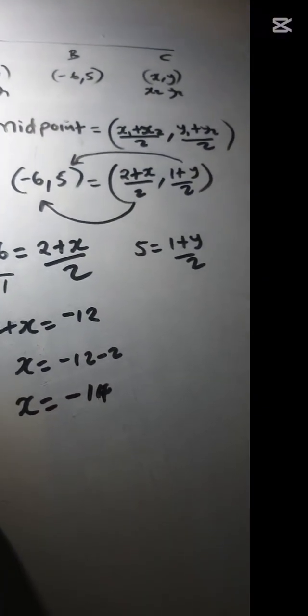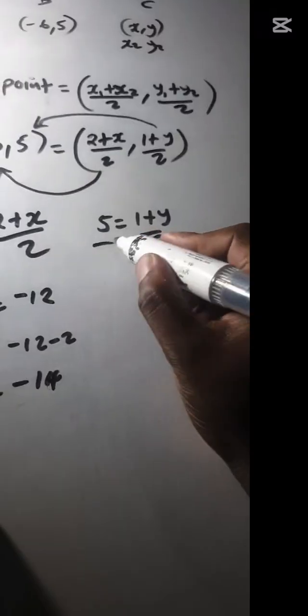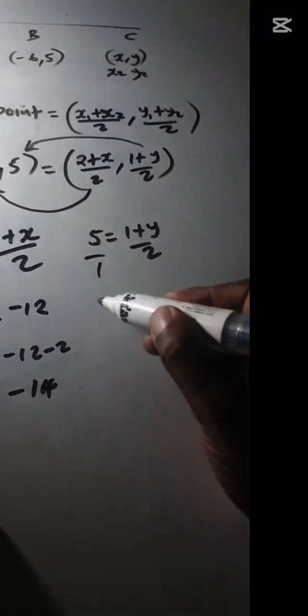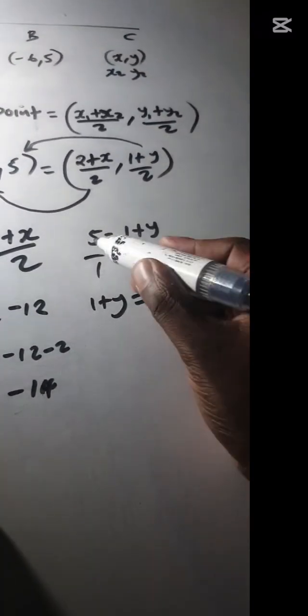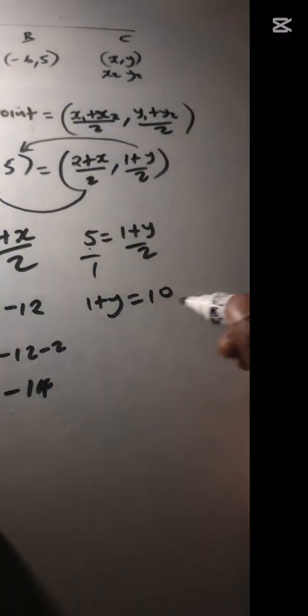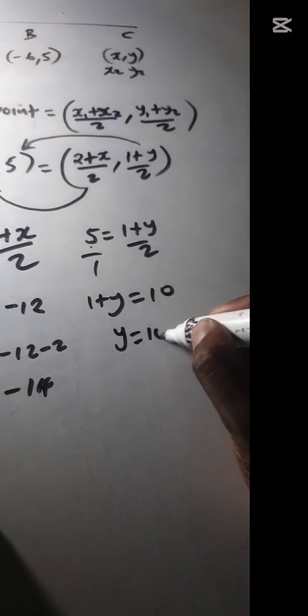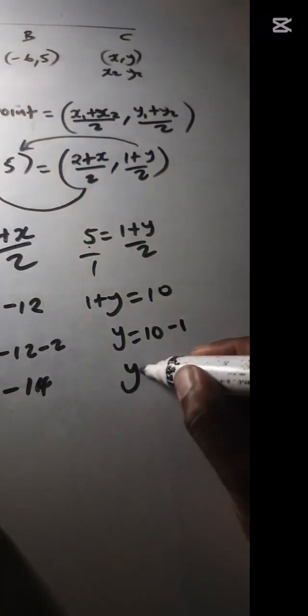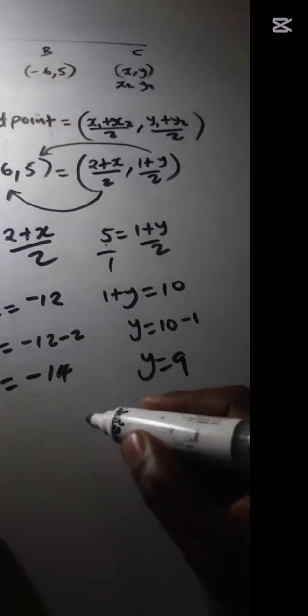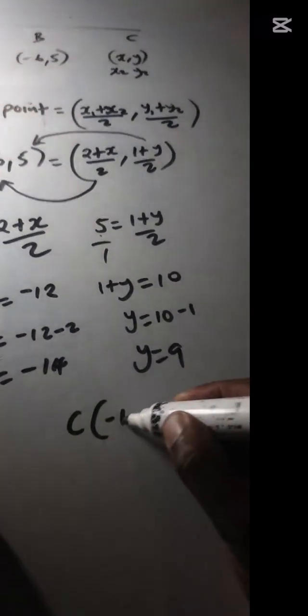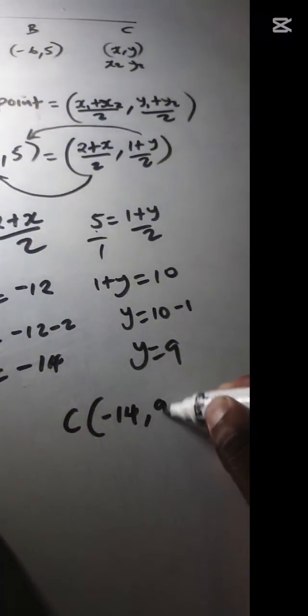Cross multiply again: 1 plus y equals 5 times 2, which is 10. 1 on the right side becomes negative 1, so y is equal to 10 minus 1. y is 9. So our coordinates for C will be negative 14, 9.